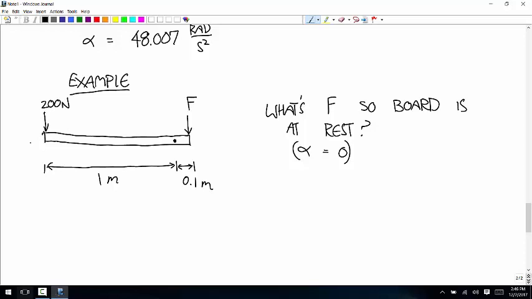Well, we have a length here. Let's say the length here is 0.01 meters, 1 centimeter thick.